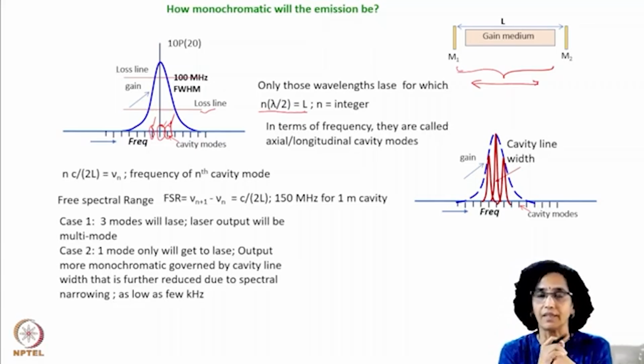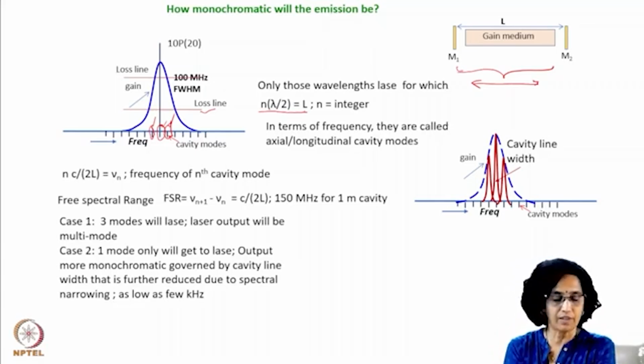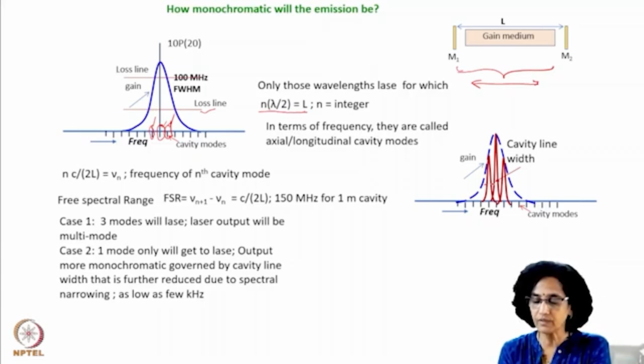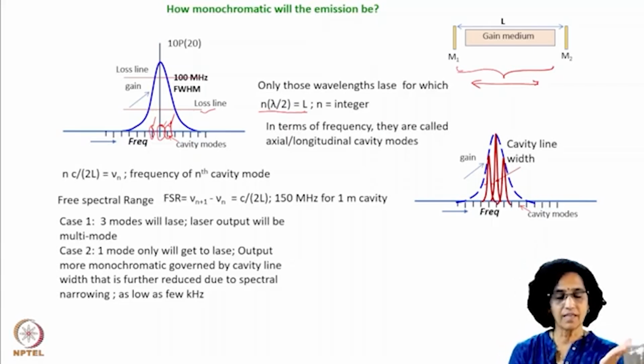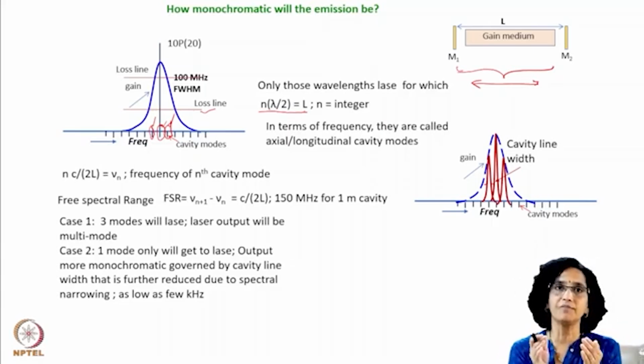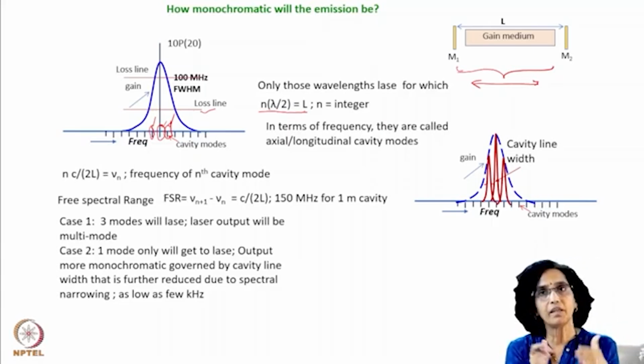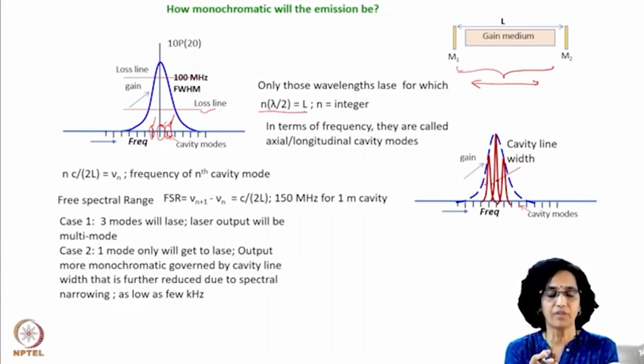This is called the cavity line width. So each cavity mode frequency is once again broadened by its own width. You can see that 100 megahertz full width half maximum is quite narrow, but even within that, the lasing will depend on the number of cavity modes which are actually seen above the loss line.